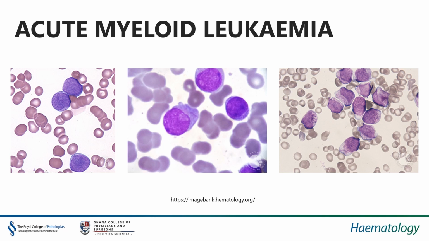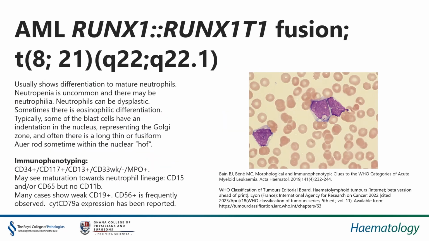So this is AML with the RUNX1::RUNX1T1 fusion, the t(8;21) fusion. Now, leukemic cells express a characteristic phenotype that includes a high-intensity expression of CD34, but we also see an aberrant expression of the lymphoid markers CD19 and cytoplasmic CD79A. You can see CD56 is positive in some cases, with expression on myeloblasts and maturing neutrophils.